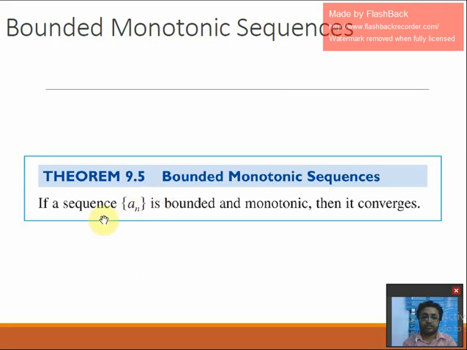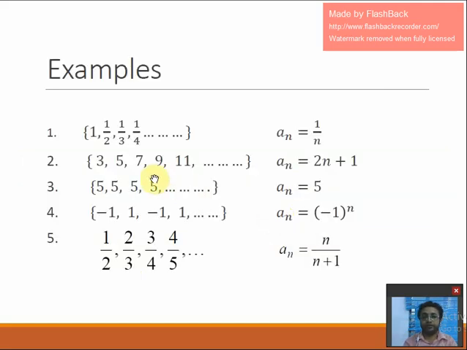Now, there is a theorem that if a sequence is bounded and monotonic, then it must converge. So, see again the previous examples: this sequence is monotonic and also bounded. So, this sequence must converge, and you can check the limit is 0, so it is convergent.